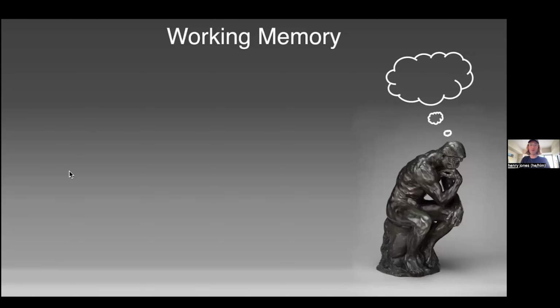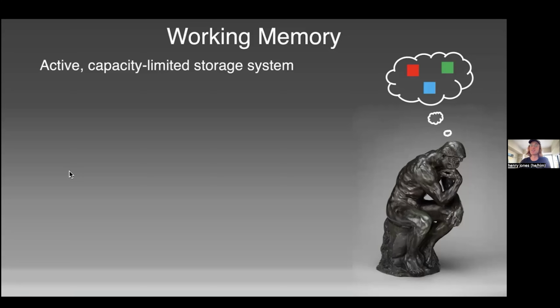All right, so getting started, I know that y'all are pretty familiar with working memory in this department, so I'm just going to give my brief definition to get us on the same page. Most researchers think of working memory as an active, capacity-limited storage system. It's where we hold pertinent information for rapid access and manipulation, like colored squares in many of our tasks.